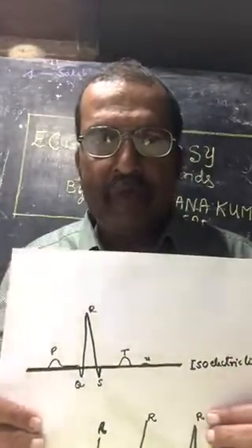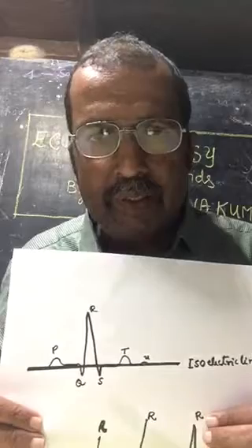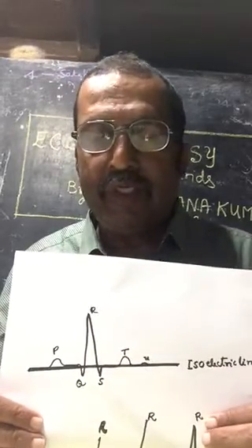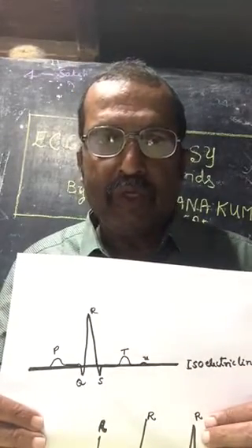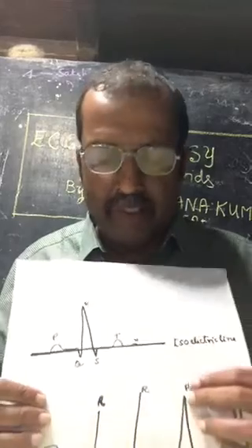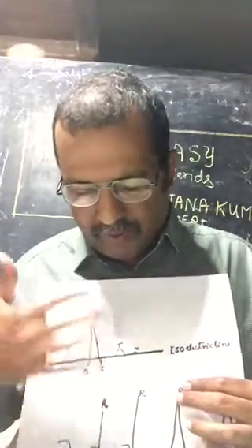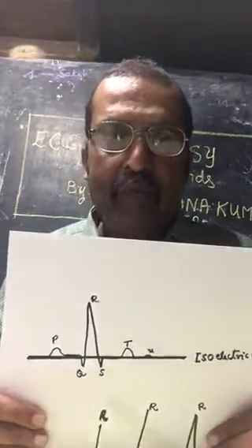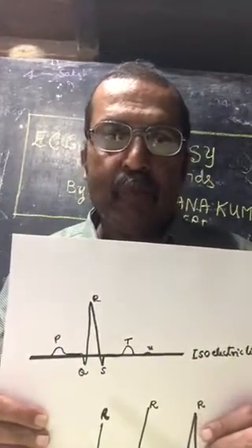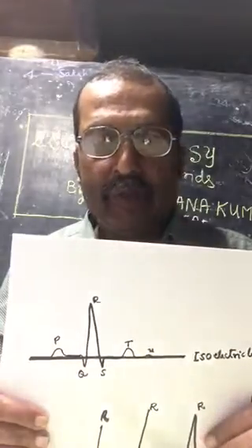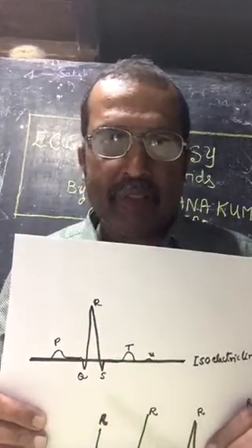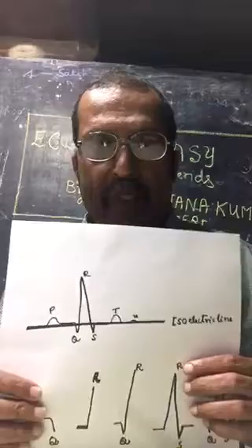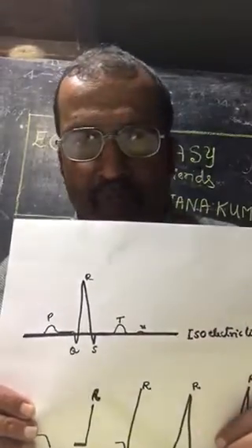Suppose after initial treatment, the ST segment, which was elevated from the isoelectric line, starts coming to baseline, then we say the patient is responding to treatment, not yet fully recovered. We are doing our treatment, he is responding.